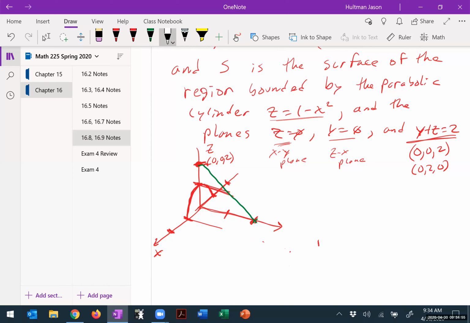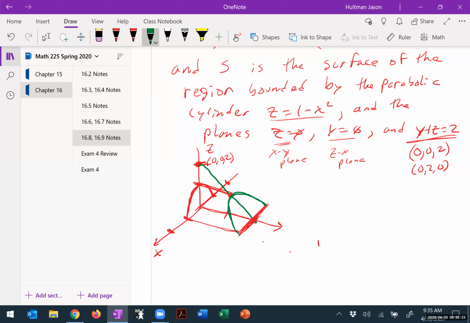Okay, and the idea here is that this should look like this, parallel to the x-axis. This should come in like so, and then where these two meet, that is slanted.